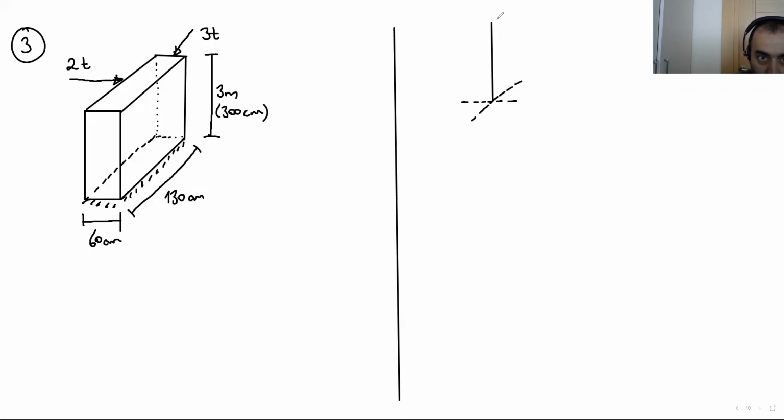We have 3 ton, and here we have 2 ton. We have a fixed base. This is a vertical cantilever. Okay, this is the question. The height of the member is 3 meters, remember.